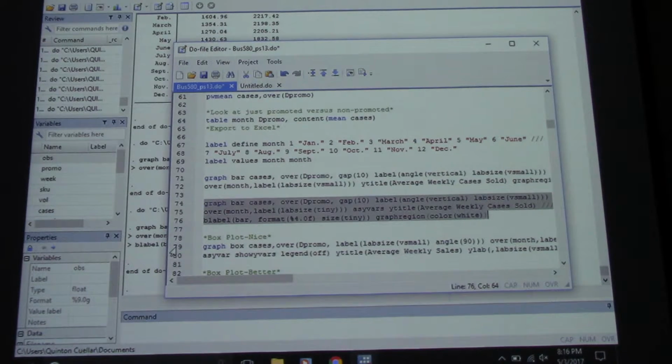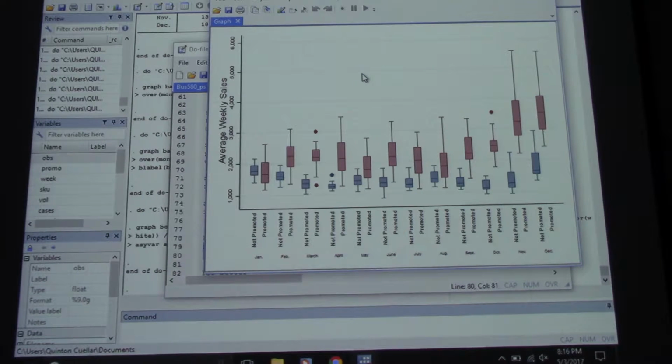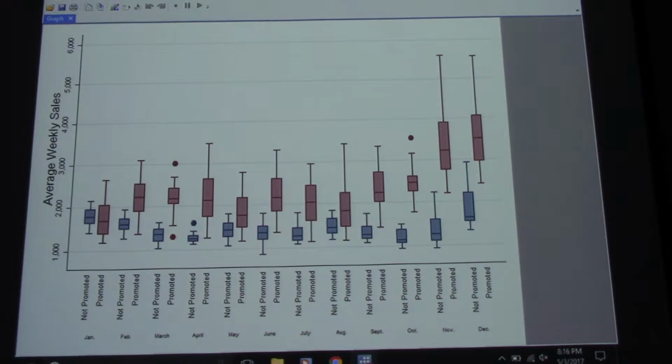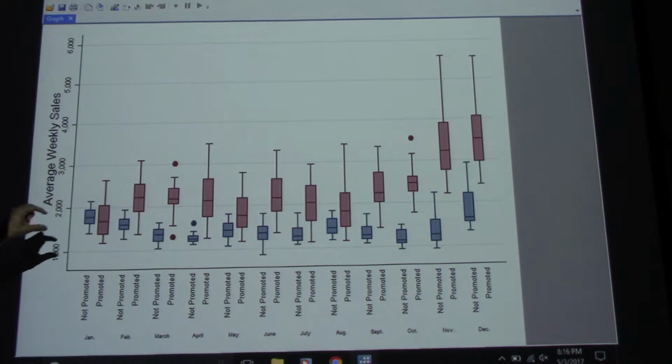I'm always a fan of box plots. I think they provide a little bit more insight into what's going on. Again, you can see that interquartile range, that middle 50% of the data is a little bit higher, or is a lot higher.